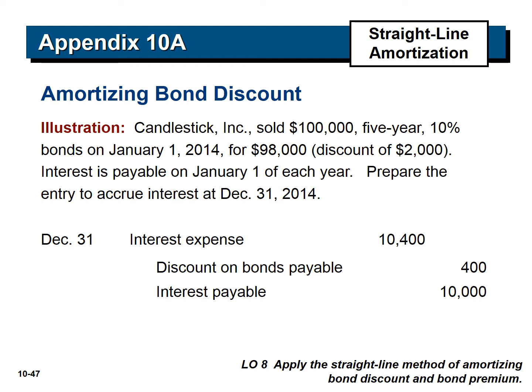First of all, we're going to take our 100,000 times 10% times 12/12 to get our interest payable. The discount on the bonds is going to be the original 2,000 discount divided by the 5-year period, which gives us 400.